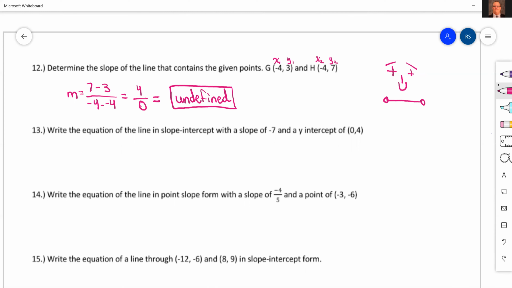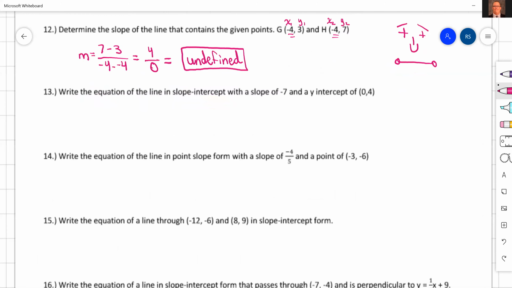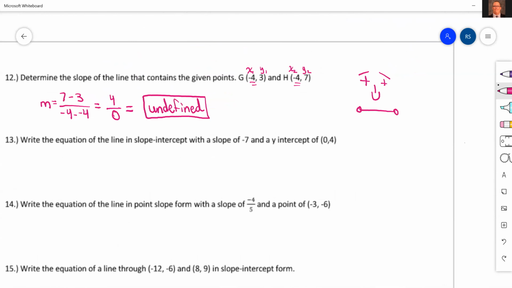If we notice, we've got the same x values here. So that tells us we have a vertical line. Wait, I totally did that wrong. Slope man, you're supposed to be winking at me. There we go.